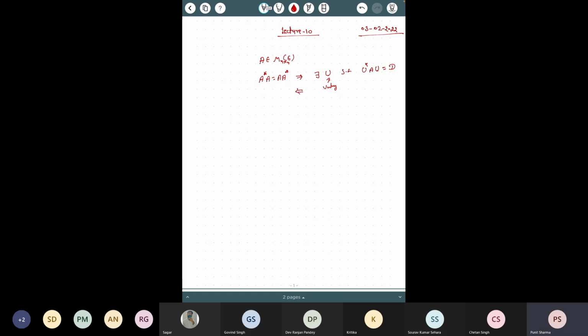If A is unitarily diagonalizable, then the converse is very straightforward to check, just to check that this property is satisfied. Conversely, suppose A is normal; in order to prove that A is unitarily diagonalizable, how did we do that?